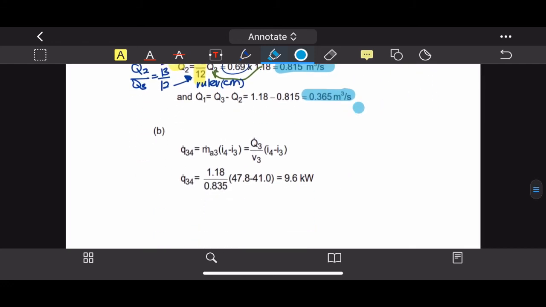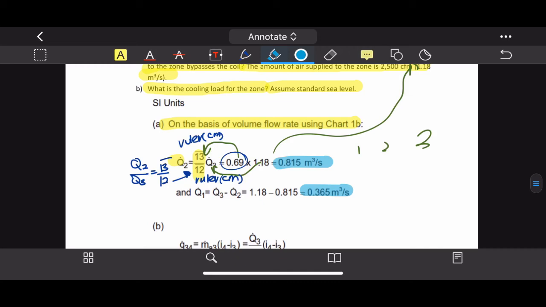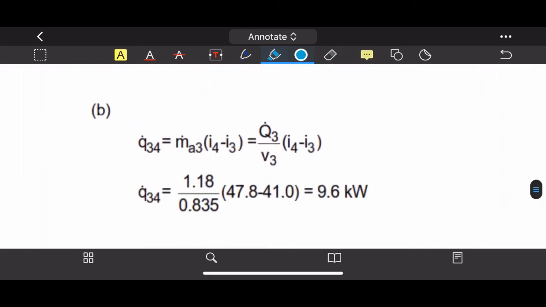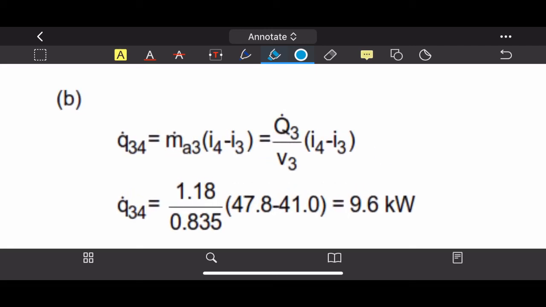Now number two is, what is the cooling load? Cooling load is Q equals m Cp delta T. Sometimes Q equals m delta H. Now here you realize that we use a small Q dot, but here is a big Q dot, right?